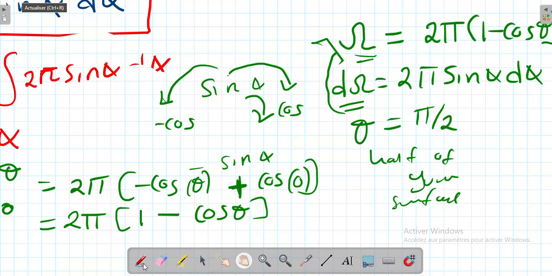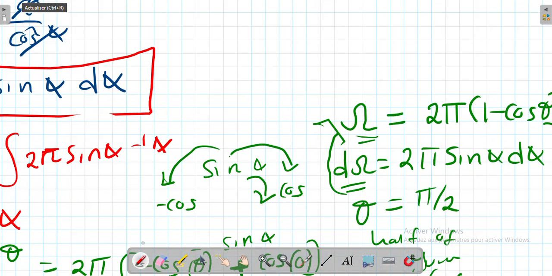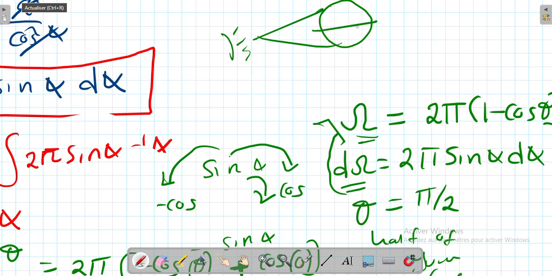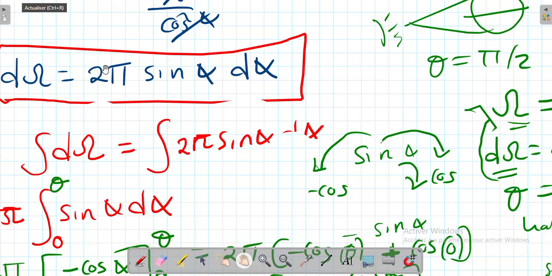So to see the half-space, I'm sure you've been seeing it this way. When you're looking at the surface on this side, this is the solid angle at which you're going to see this surface. If you want to see half of the surface, you just say theta is equal to pi over 2. The work was in finding the elementary solid angle.